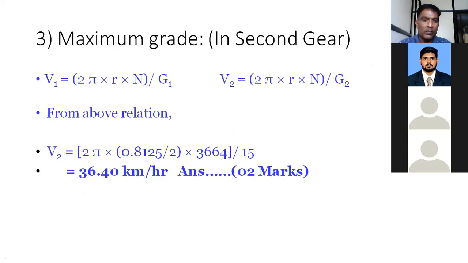Next, you can write maximum grade. Third point, third bit, maximum grade.